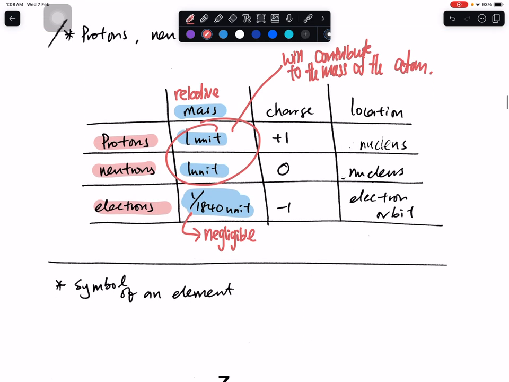One more thing you need to note is the charge. Protons will always be positively charged and electrons will always be negatively charged. Where will you find them? The protons and neutrons will be found in the nucleus, and the electrons will be found in the orbitals, the electron orbits.